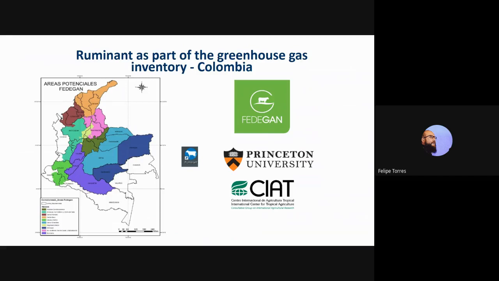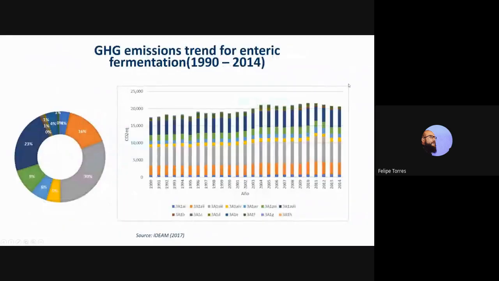So in this way, we reduce uncertainty from 30% to 50%. It was a big improvement in the inventory, and we can estimate the trend for enteric fermentation and manure management too, from 1990 to 2040 for each age group in the inventory.